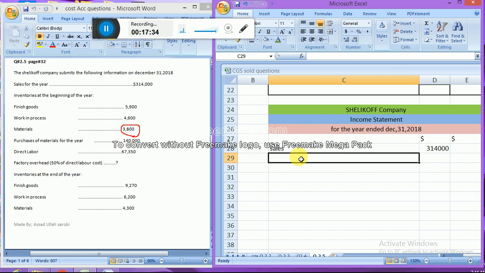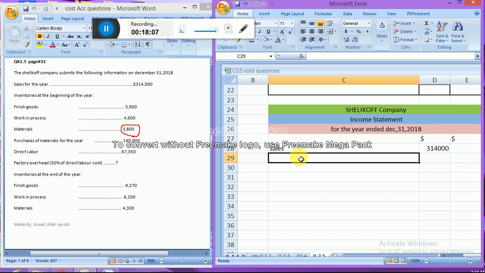If there were any sales returns, we will subtract them from here. And if some allowances or discounts are given on sales by the company, those will also be subtracted from the sales to find the net sales. But in the question, no sales returns took place, and similarly no discounts or allowances were offered by the company. So this is our net sales.